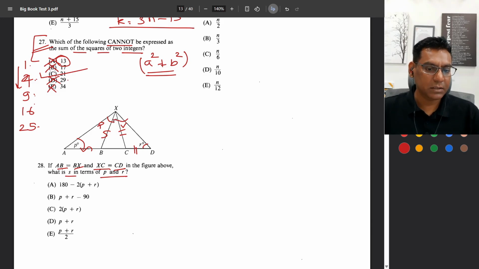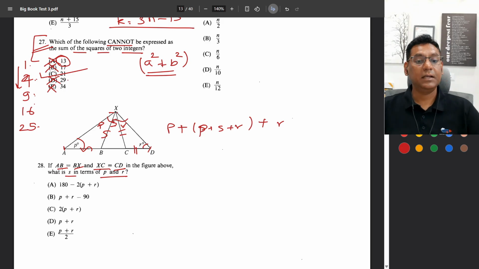Okay, this is S. If you look at this big triangle AXD, what do I get? I have P as one angle, plus this P plus S plus R, and this angle I have R. All these angles are the internal angles of XAD, right?